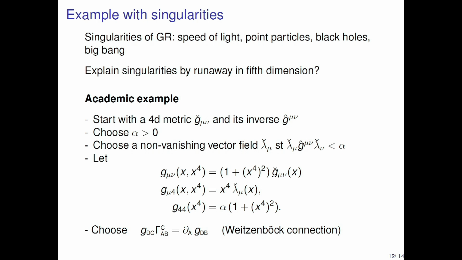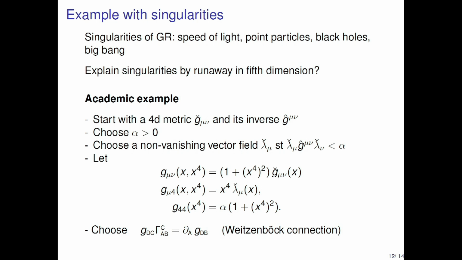I have here an academic example with singularities, and my point is that if you have a model with singularities, you can hope to remove those singularities by adding an extra dimension. In general relativity there are plenty of singularities, like the speed of light, the point particles attracting each other infinitely strong at Planck distances, black holes, Big Bang, and so on.